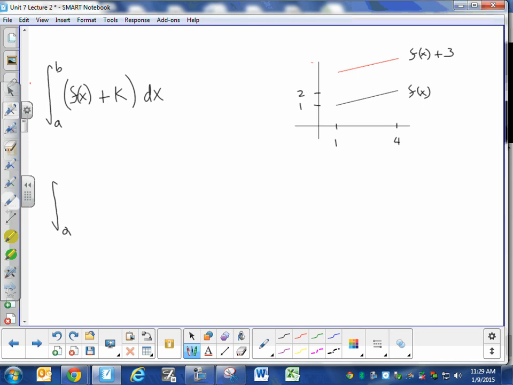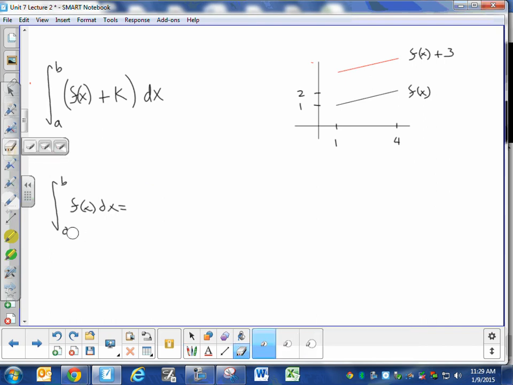Let's start by calculating this area. That's not A to B. Let's go from 1 to 4 under just F.